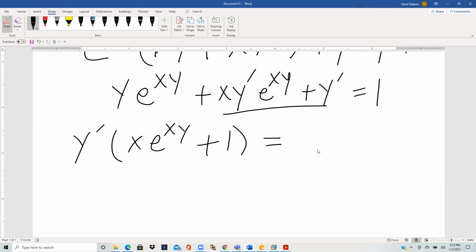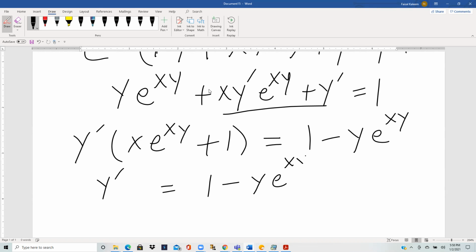And then on the right side I have 1, and also I move this term on the right because it doesn't have a y prime. So I have y prime terms on one side and then non-y prime terms on the other. And so y prime comes out to be 1 minus y e^xy over x e^xy plus 1.